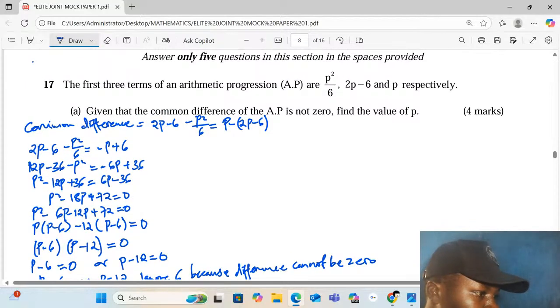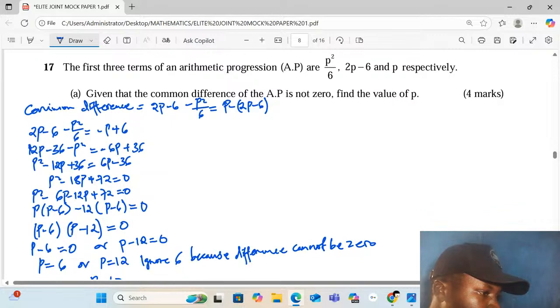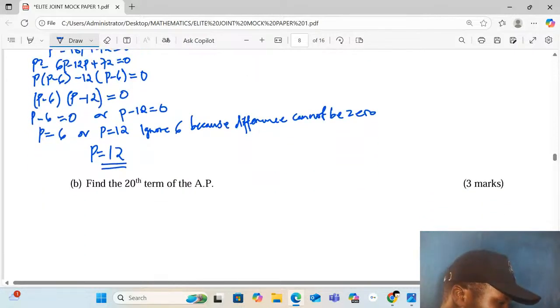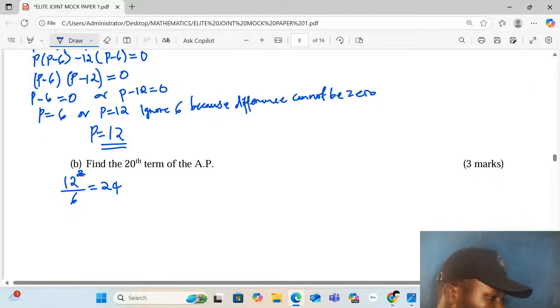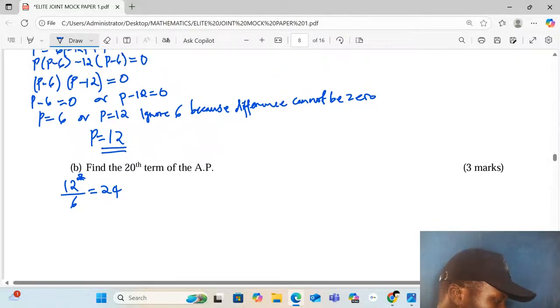Having our p as 12, you're going to take 12 squared over 6 gives us 24.